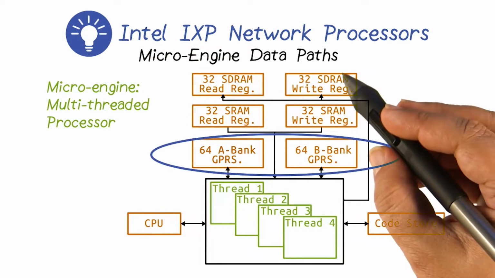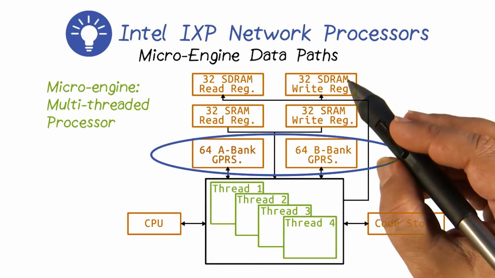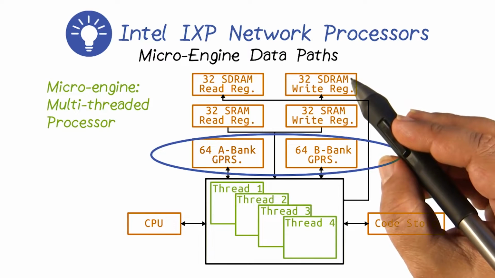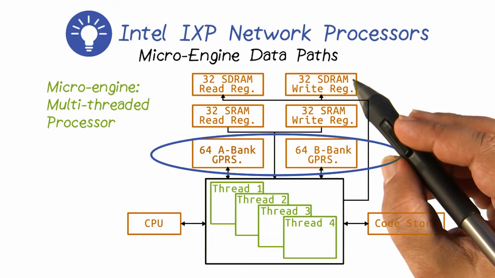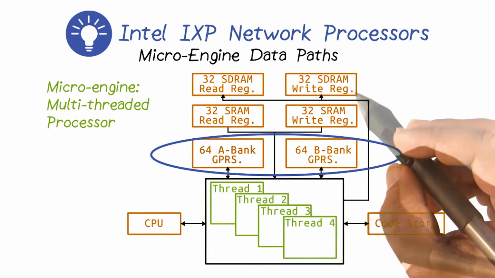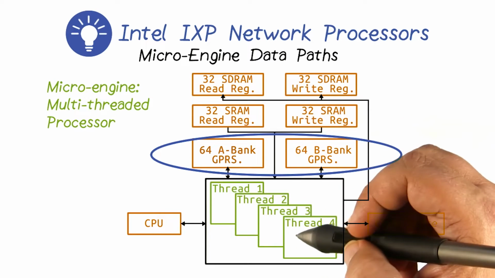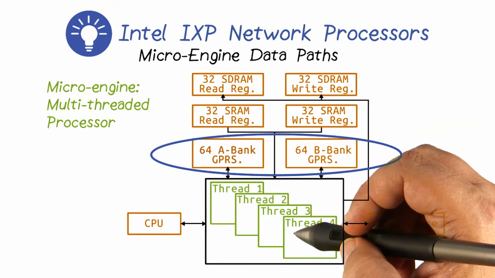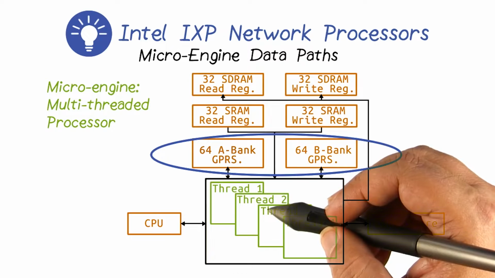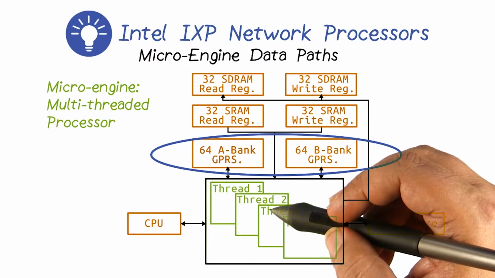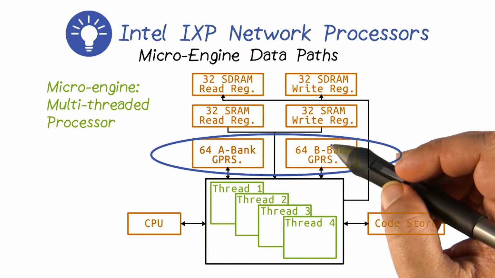Now let us continue this discussion and take a more detailed look at what is exactly there within a micro engine and what kind of processing really takes place there. As you can see here, each of the micro engines supports 4 threads in parallel. We have 6 of such micro engines in a chip. There is typically 4 kilobytes of code size for a micro engine, and all the code is stored on the on-chip memory.